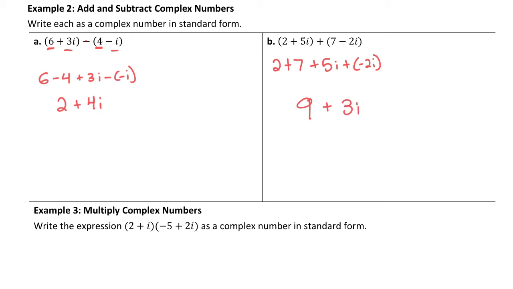And that's simplified. So standard form is real first, plus the imaginary component, the number with i. So just think the real component always comes first when we're writing in standard form.